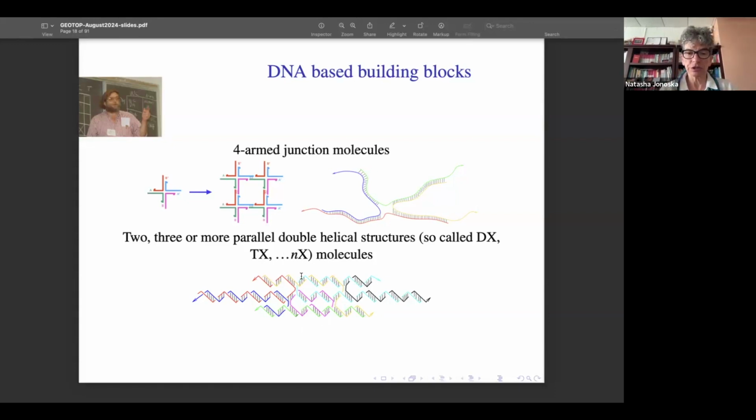As you can see, the yellow comes from the first one, moves through the second, goes into the third, and the blue one joins the first and the second, and so forth. So this kind of molecule is also very sturdy and rigid and has been used in forming a variety of two-dimensional arrays.